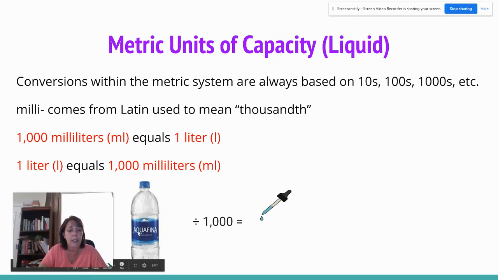That would take you a long time in the morning if you had to fill your water bottle with a little eyedropper. If you had to put the eyedropper into your water bottle and take out 10 little drops at a time, that would not be a lot. That would take a long time because milliliters is a lot less than 1 liter.